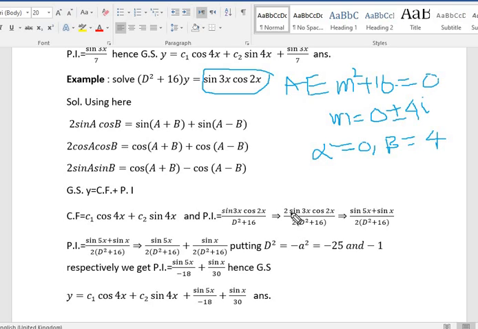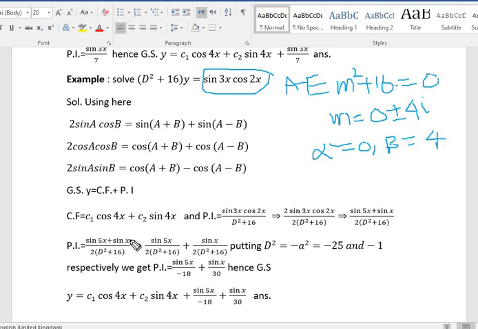The benefit is that we get 2 sin A cosine B, which equals sin(A plus B) plus sin(A minus B). That means sin(3x plus 2x), which is 5x, plus sin(3x minus 2x), which is x.